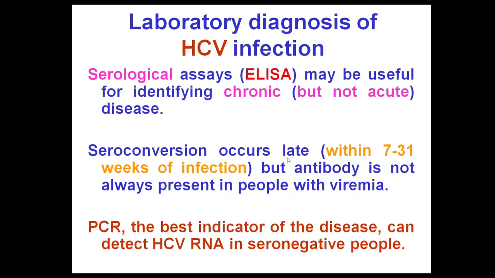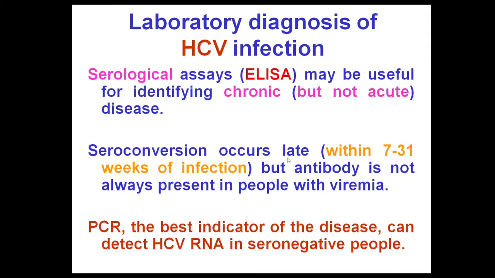How do we perform laboratory diagnosis of hepatitis C infection? My dears, ELISA serological tests are less important in diagnosis of the disease. First, seroconversion may occur very late in the disease.